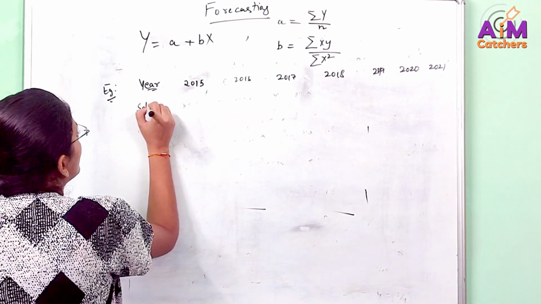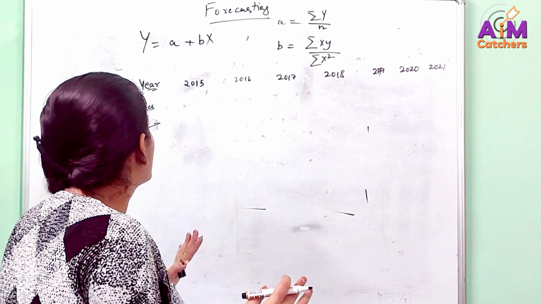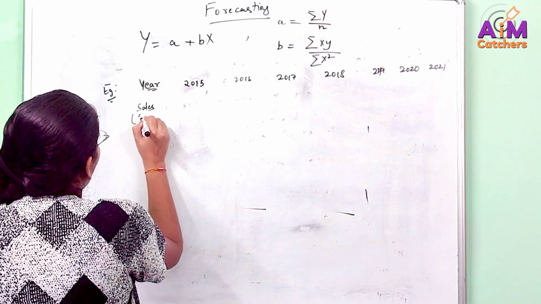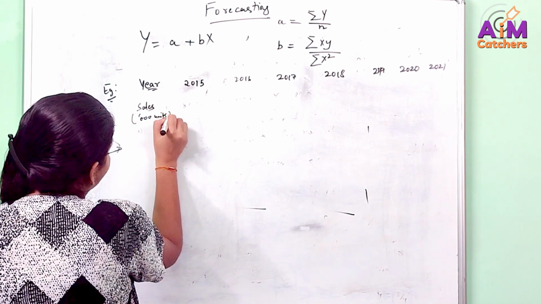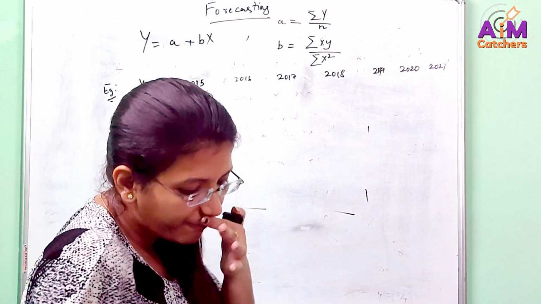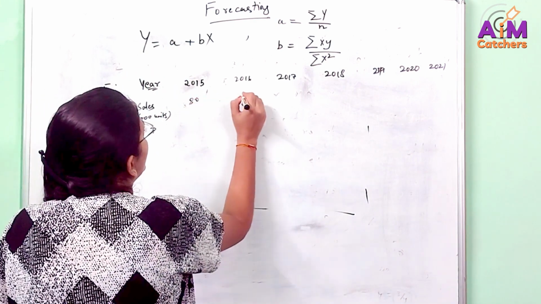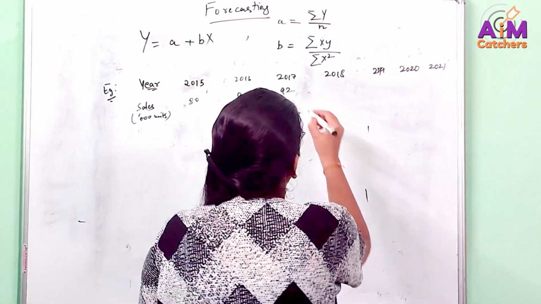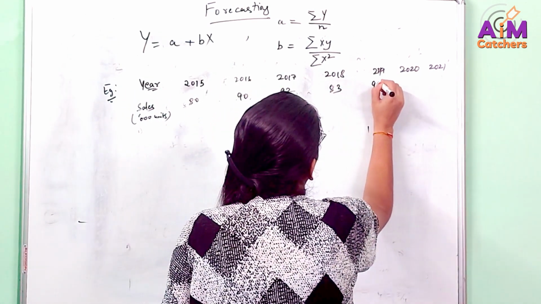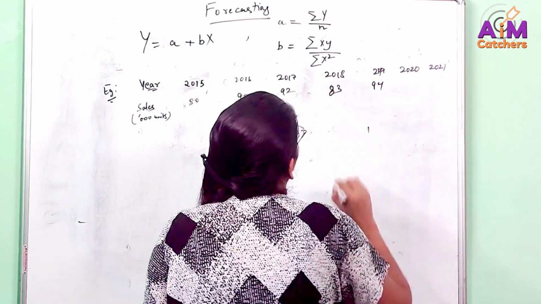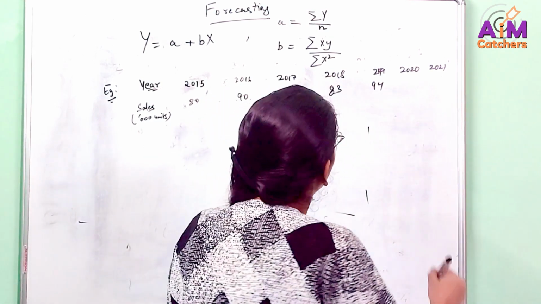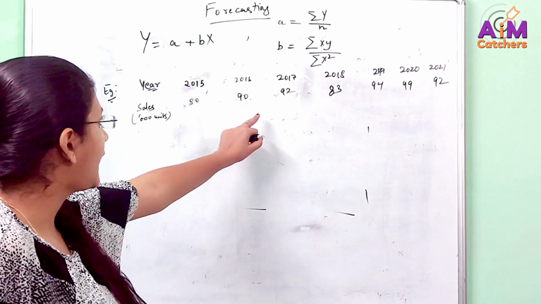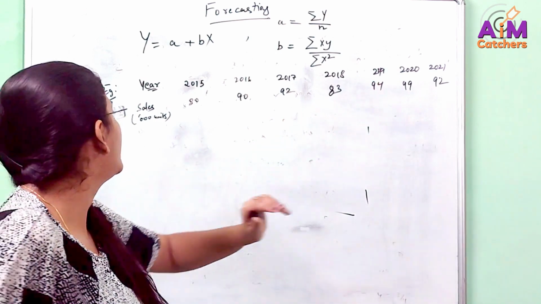And the sales for all these past years, in thousands of units, are 80, 90, 92, 83, 94, 99 and 92.